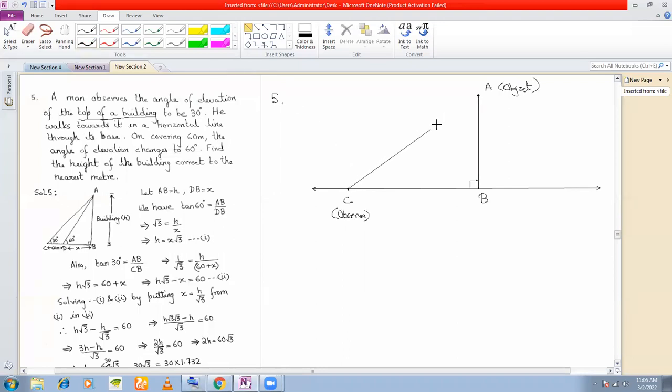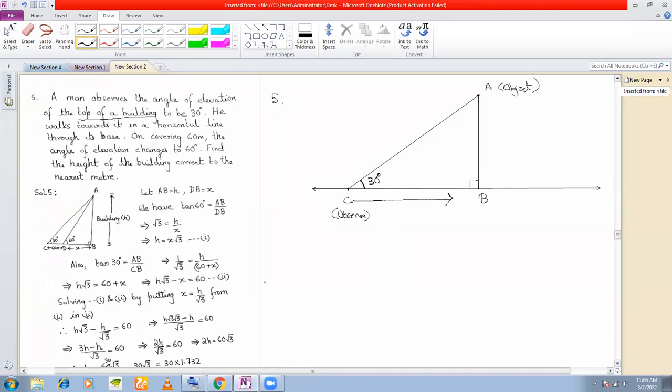So if we join this, this is the line of sight. And the angle of elevation is given to be 30 degrees. So this angle made with the horizontal is 30 degrees. Okay. He walks towards it in a horizontal line through its base. That means now the man at C starts walking towards the base of the tower. Okay. In this direction.